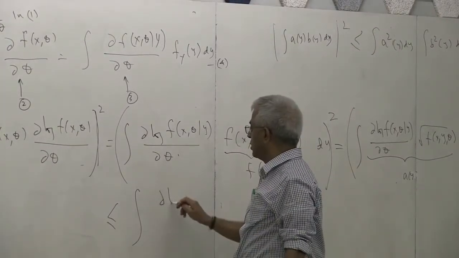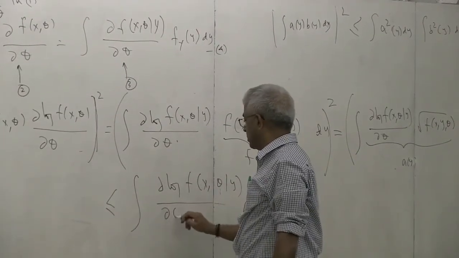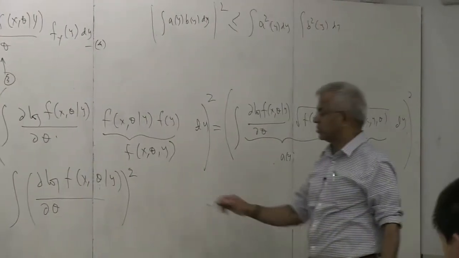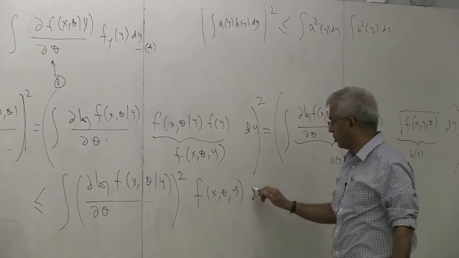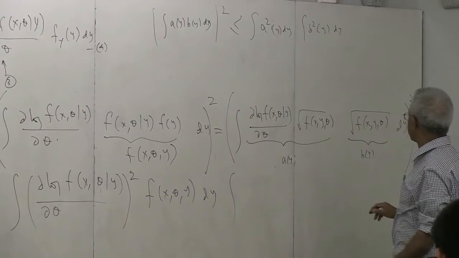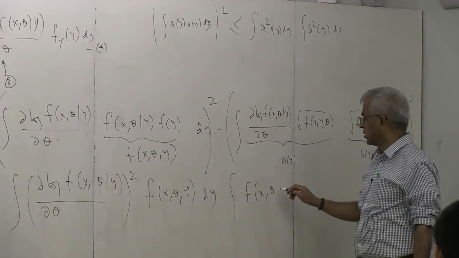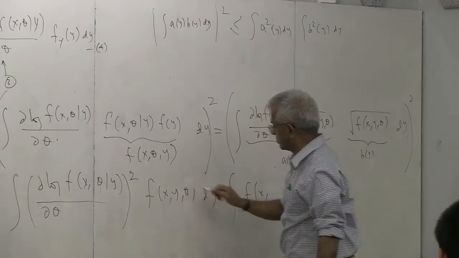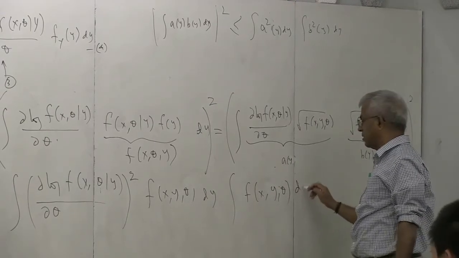So that's going to be d log f of x comma theta given y, d theta squared, multiplied by the square of that, so that's going to be f of x comma theta, y, dy, multiplied by square of the second function, which is f of x comma theta, f of, either way, let's write it as I had. x and y are random variables, theta is a parameter, dy.